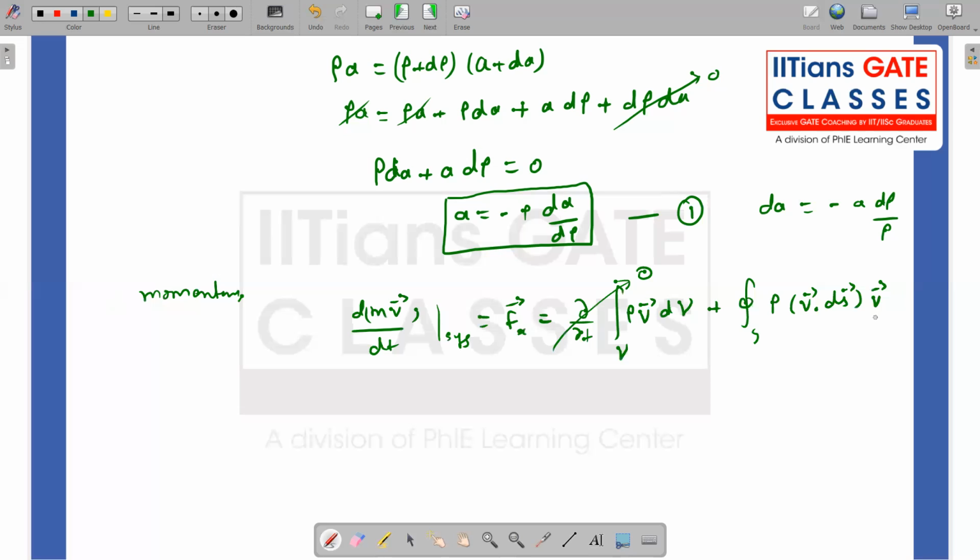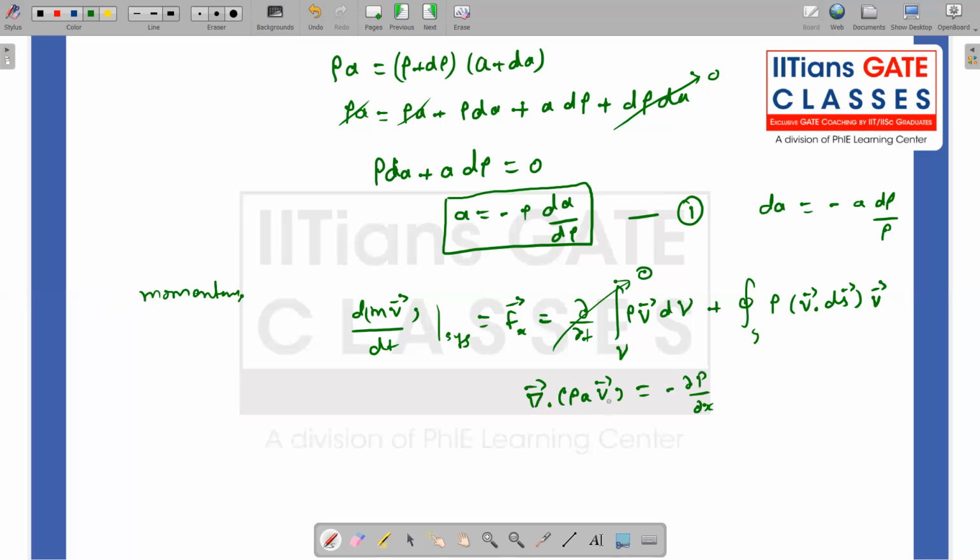I know it's one direction because v has only one component. So that becomes divergence of rho a times the velocity vector, equal to minus dp by dx, in the x direction.